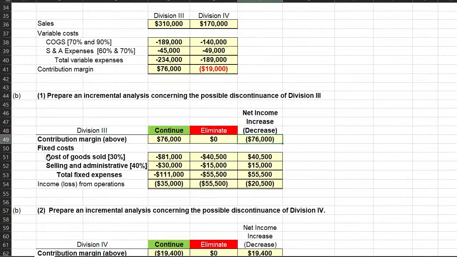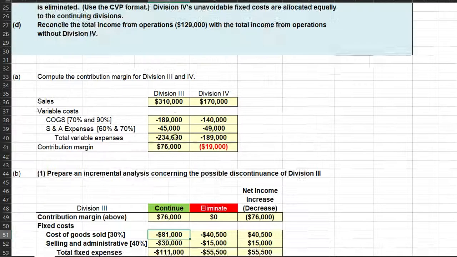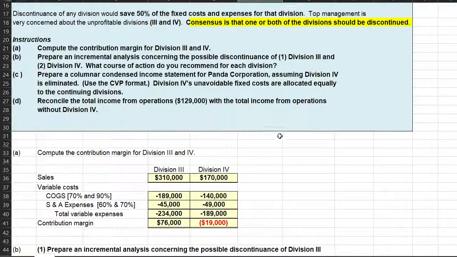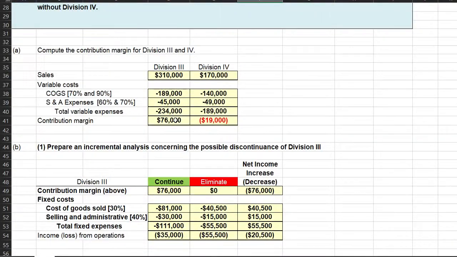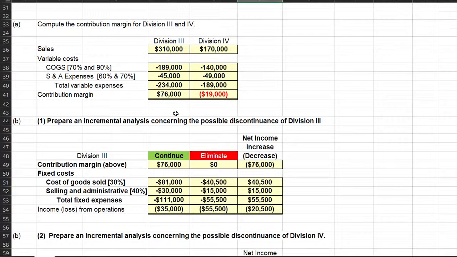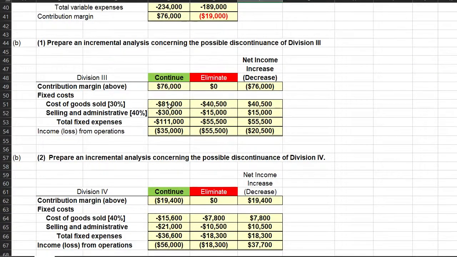Let's move down to the fixed cost. Again, remember 30% of the total cost that we have would be for the fixed cost, and 40% of the selling and administrative would be for fixed costs. And so when we take those calculations for Division 3, we end up with $81,000 for cost of goods sold.